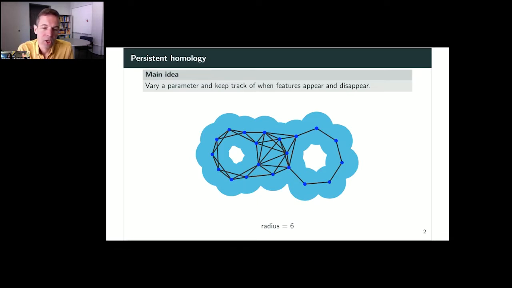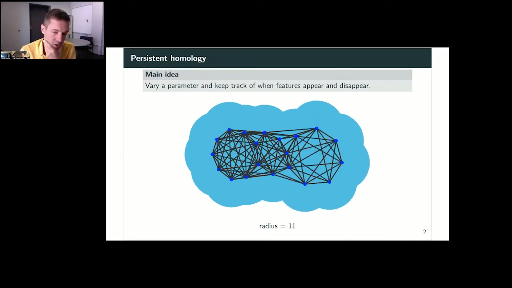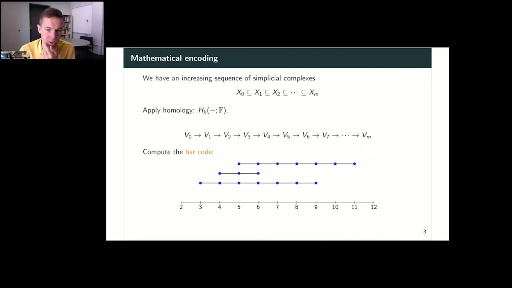So these are homological features in degree 1. So homology records cycles modulo boundaries. And at this stage of the filtration, we have two linearly independent non-trivial cycles. And then continuing, eventually our union of balls becomes contractible, and we don't have any more non-trivial homology.